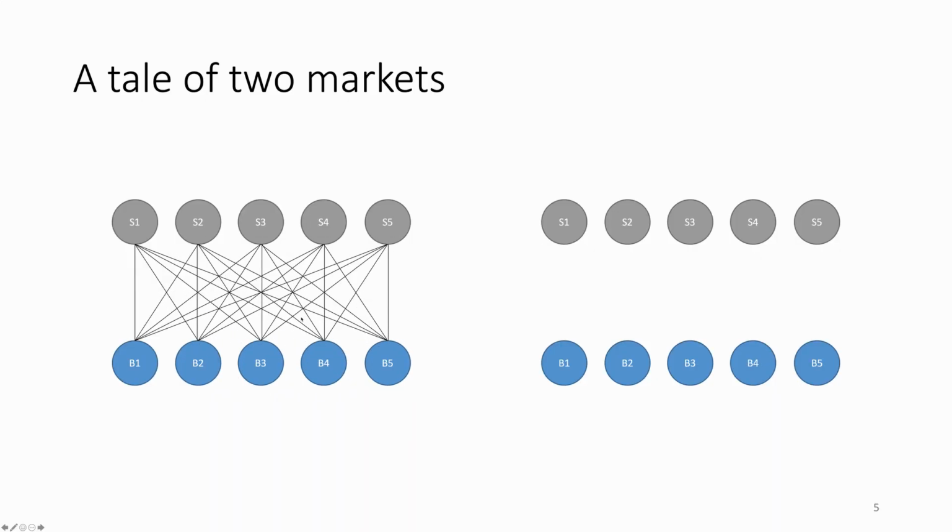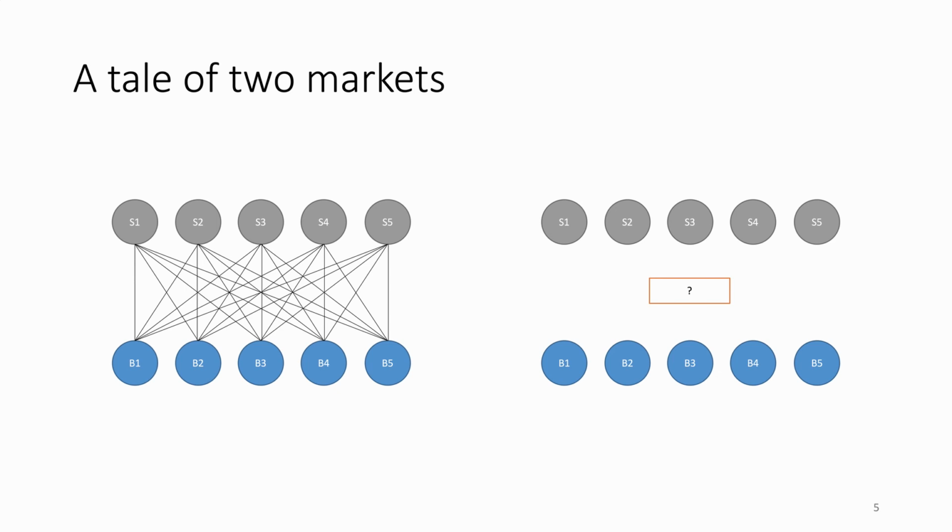Now, let's look at a slightly different market structure on the right. The difference is I have introduced an intermediary into the market, a third party between the buyers and the sellers. Once we have the orange box in the middle, the sellers and the buyers can congregate in this orange box market. Now, how many connections do we need for this market to be functional?